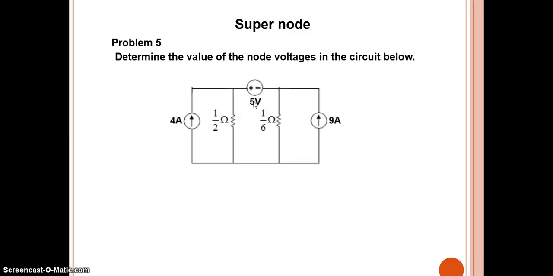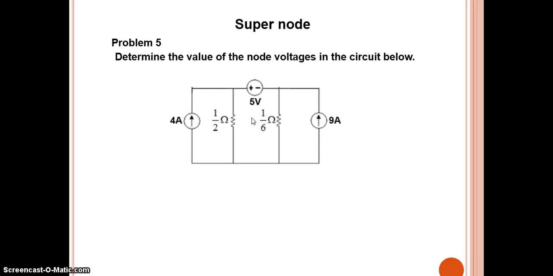Supernode means if there is a voltage source present between two non-reference nodes, that is called a supernode. It requires the application of both Kirchhoff's current law and Kirchhoff's voltage law for solving the problem.